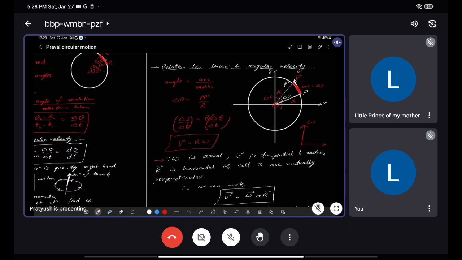So when we multiply both of them, we get an axial quantity. We get the direction by right hand thumb rule, which is the direction of a cross product. The cross product of vectors gives a mutually perpendicular direction. Getting it?